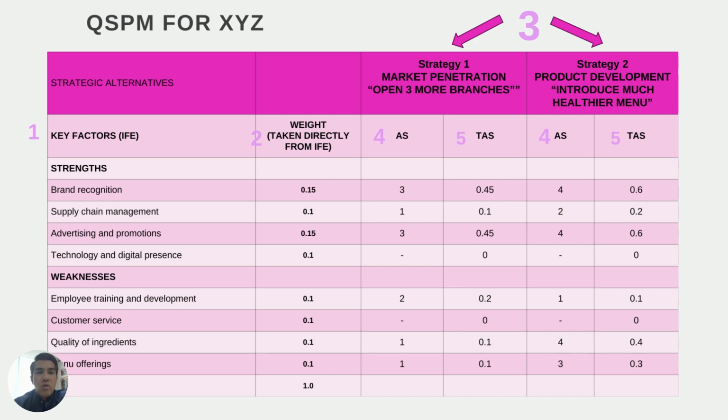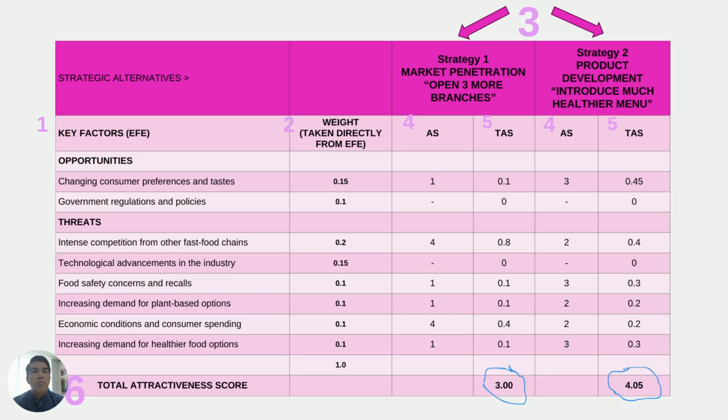For example, technology and digital presence has nothing to do with opening up 3 more branches, and it also has nothing to do with introducing a much healthier menu. So we do not give any score for both of the strategies.